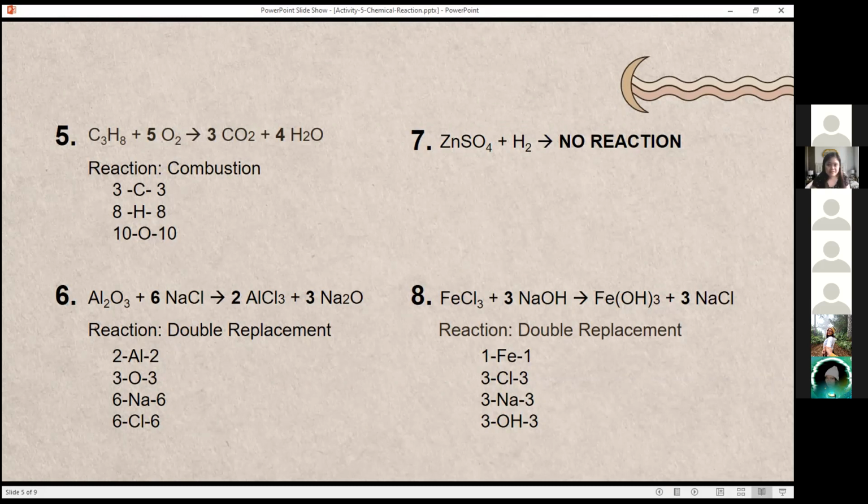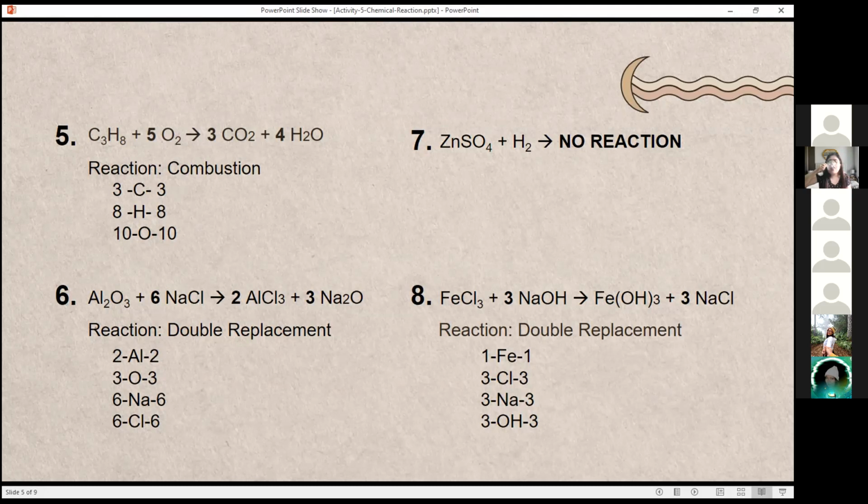Also, for the hydrogen in the reactant side, we have 8 atoms, while in the product side, we only have 2. So to make it 8, we added 4 as the coefficient for H2O.